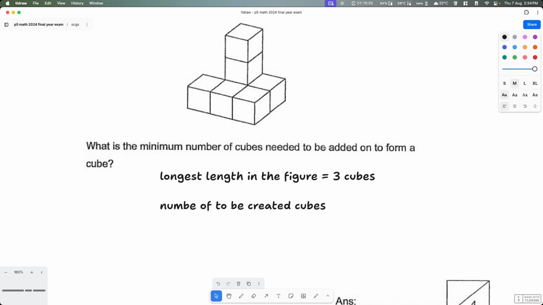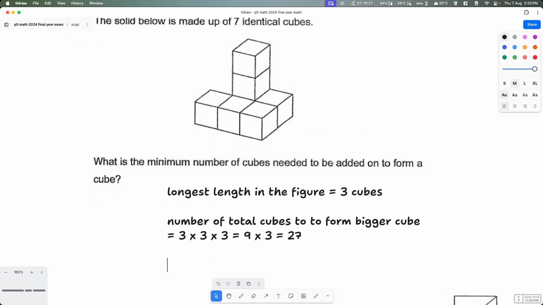The total number of cubes to form a bigger cube makes sense. 3 times 3 times 3, so this will be 9 times 3 is equal to 27 cubes.